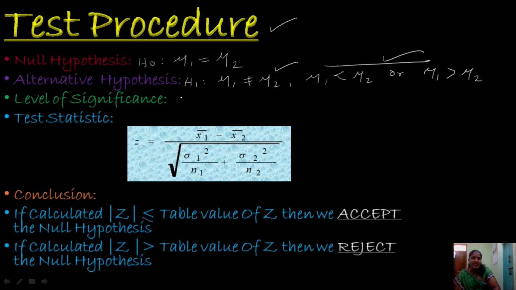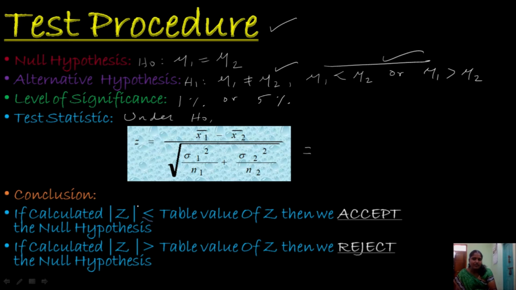Next, level of significance. If it is given, we make use of that, or alternatively we choose the level of significance as 1% or 5%. Next, the test statistic under the null hypothesis H naught is Z equal to x1 bar minus x2 bar over square root of sigma 1 square over n1 plus sigma 2 square over n2. After calculating this value, we come to the conclusion.